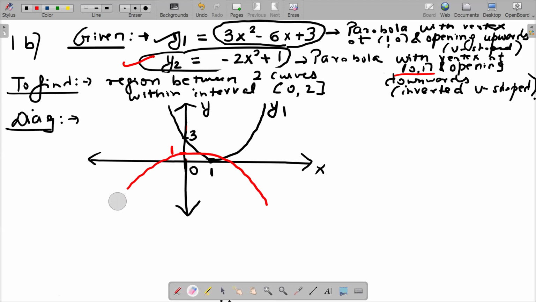Let me draw it more properly. Remember, I'm not using any scale of measurement, so it might come out a bit asymmetric. So this is 1, 0.